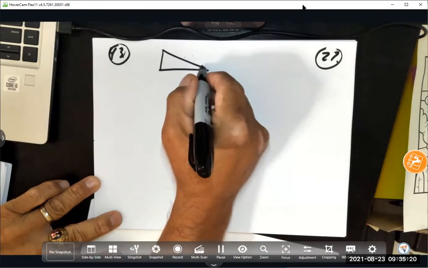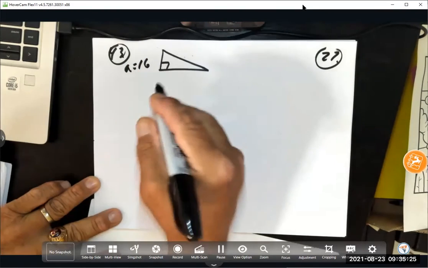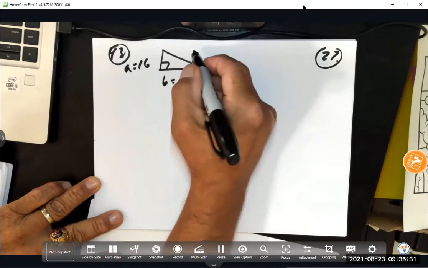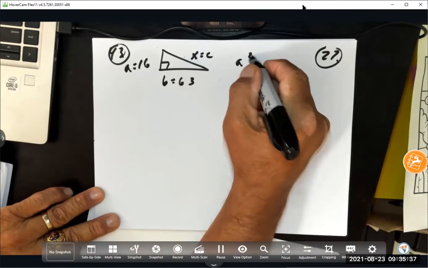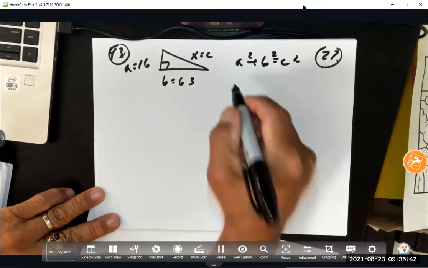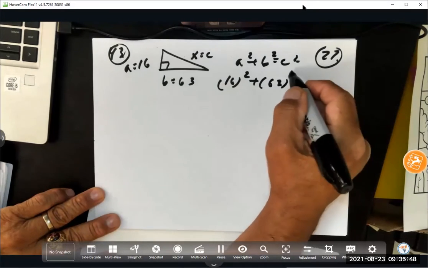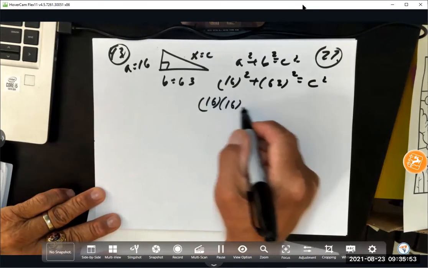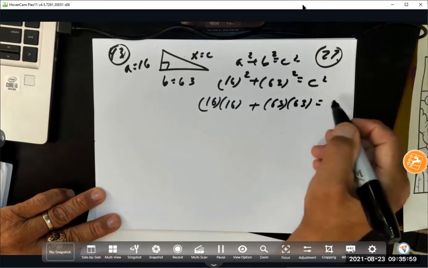So a triangle like this, right triangle. Let's say A is 16. B is 63. And X or C, we don't know. All right, so I know that A squared plus B squared equals C squared. So I know A is 16 and B is 63. So 16 times 16 plus 63 times 63 equals C squared.